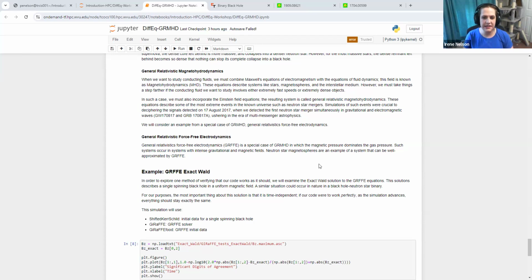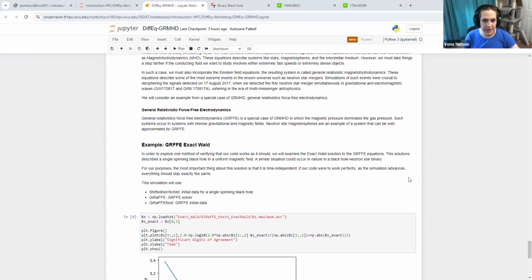This will occur in systems with extremely intense gravitational and magnetic fields, like the magnetosphere around a neutron star. The particular exact solution that we're going to take a look at here is known as the exact Wald solution.